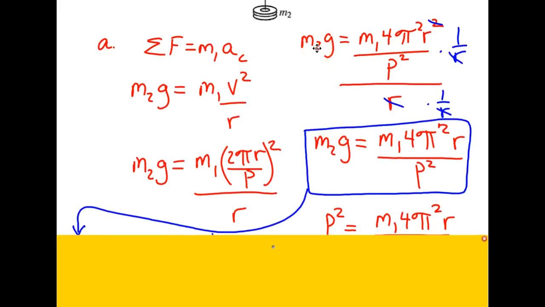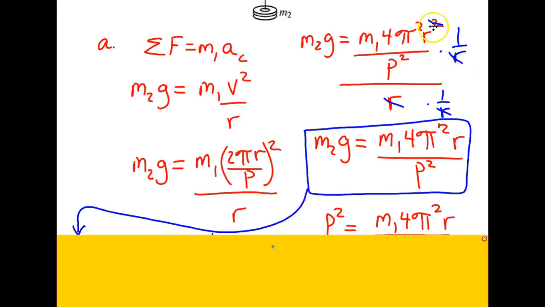By squaring, we get m2g equals m1, 2 squared is 4, pi squared, r squared, over P squared, all over r. We have a double fraction that we need to simplify. Multiply both the numerator and the denominator by the reciprocal of the denominator. This gets rid of our denominator all the way down here.